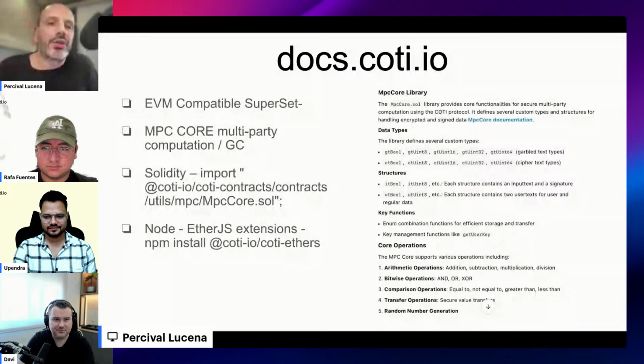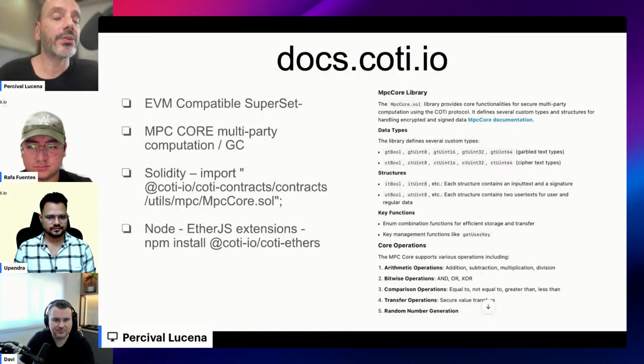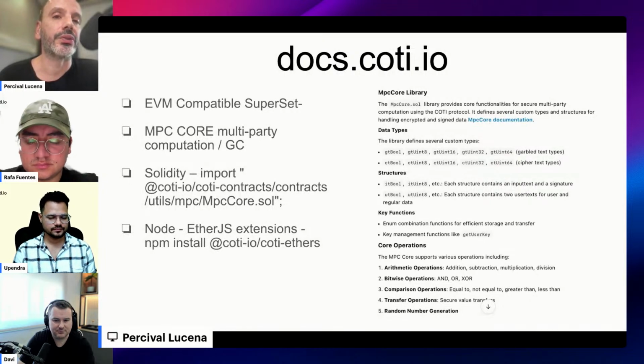Okay, so let's go back to our plan. Before jumping into the code and writing our first smart contract, I'm going to try to tell you about some small differences we have on the Cody network that you are probably not familiar with if you come from a different blockchain background.